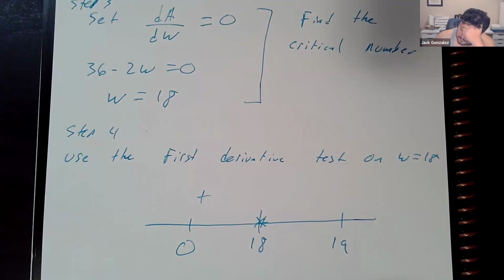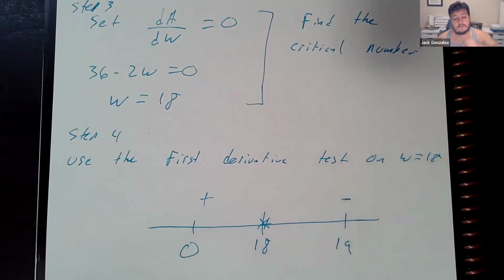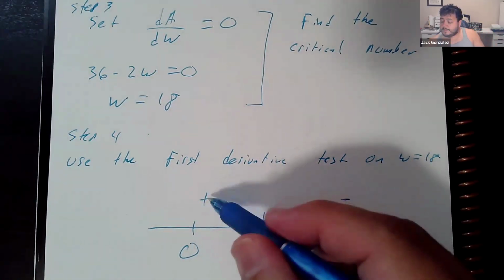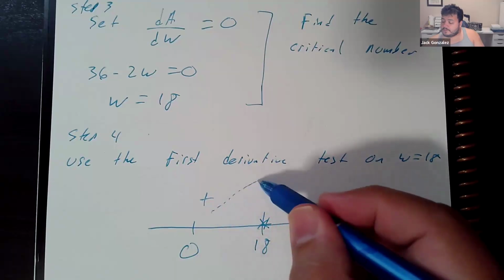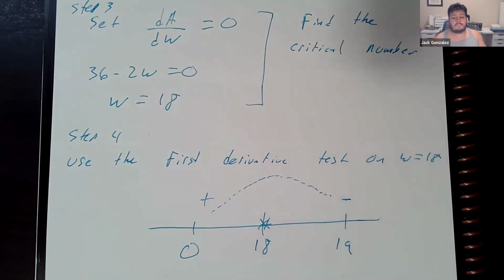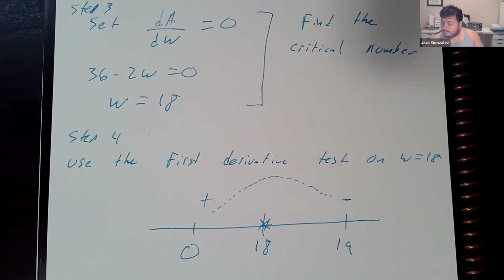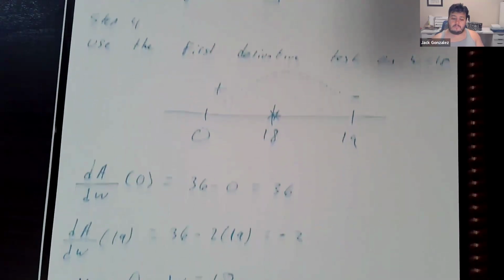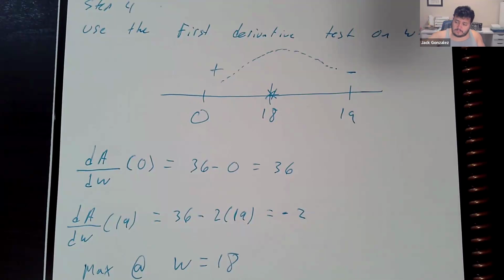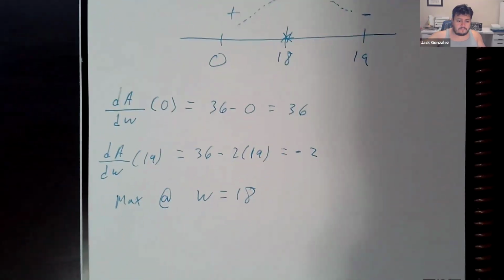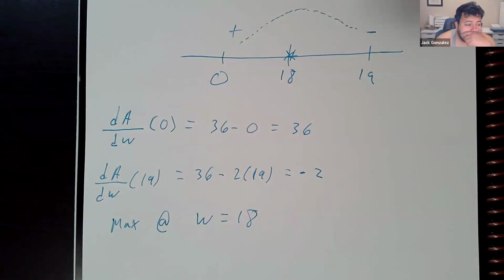Negative 2, right? Negative for sure. So we're going upward and then downward, right? So maximum when the width is 18.